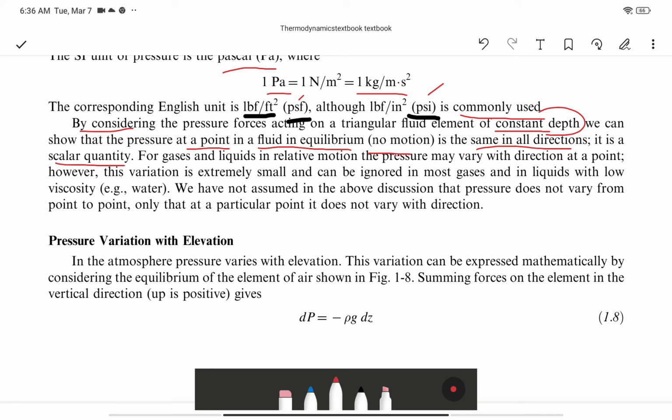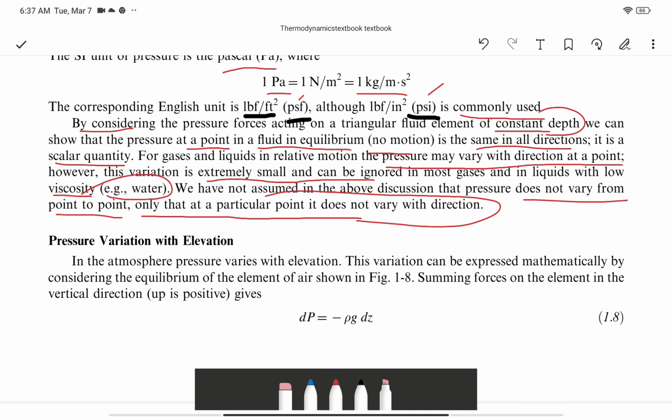For gases and liquids in relative motion, the pressure may vary with direction at a point. However, this variation is extremely small and can be ignored in most gases and liquids with low viscosity. Example, water. Water is low viscosity. So we have not assumed in the above discussion that pressure does not vary from point to point, only that at a particular point it does not vary with direction.